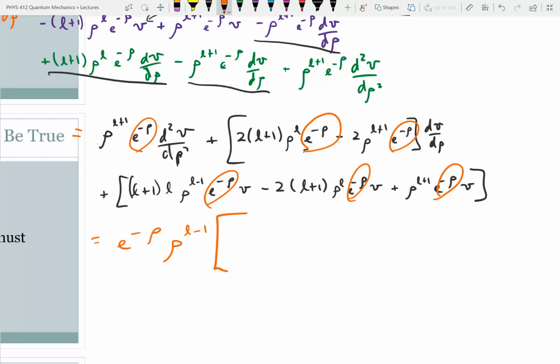And so then my first term is rho squared d second v d rho squared. Right, to get to rho to the L plus 1 from rho to the L minus 1, I have to multiply by rho squared. And then my next term, this one here, I'm going to have to multiply by rho.